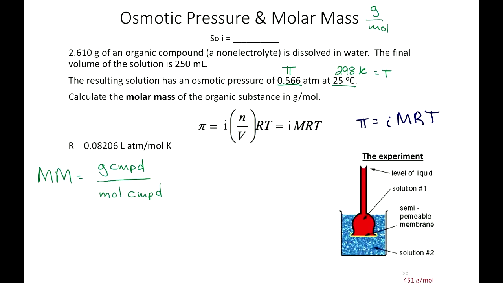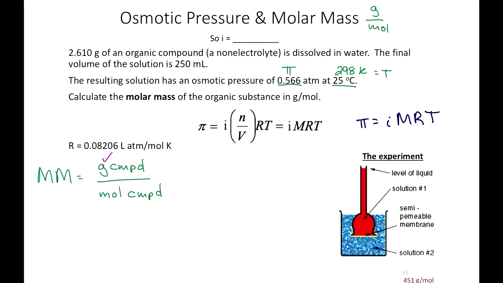Do I have one already from the information given? Yes, which one? The top one. Fantastic. I just like to take inventory because it makes me happy. I see, oh, I have the numerator already. I'm halfway done. I like to think that. So I just need to figure out how many moles of compound I have, and then I'm home free.